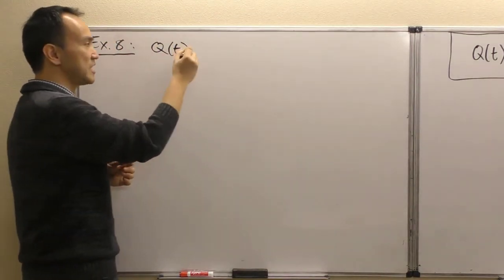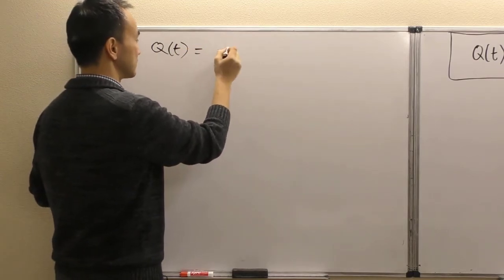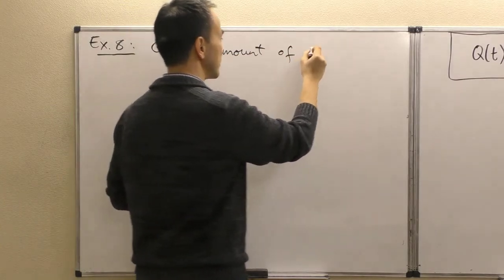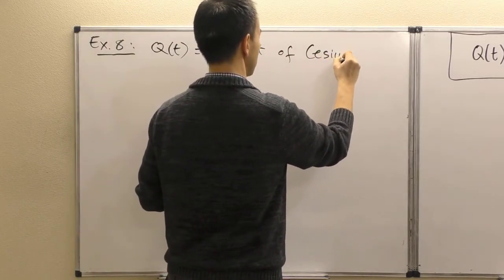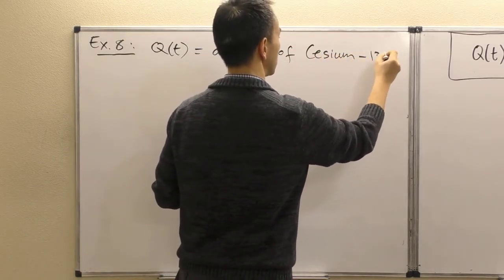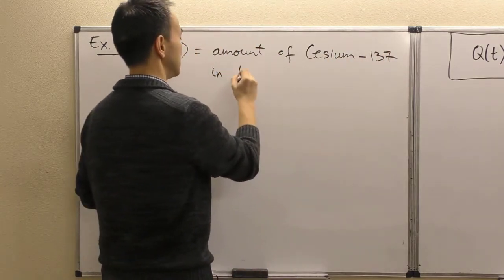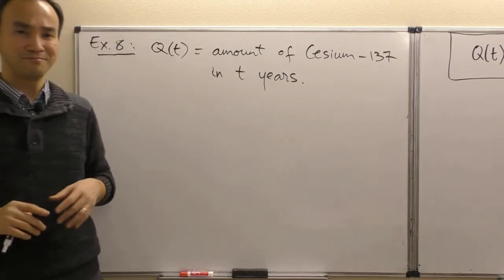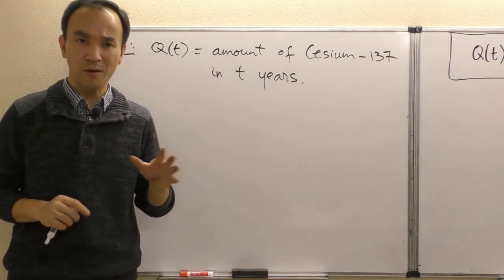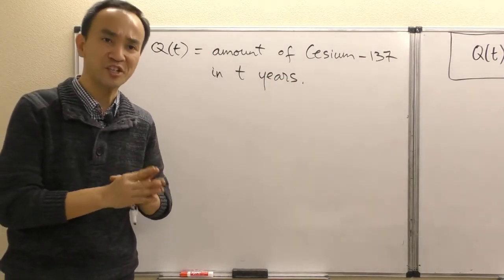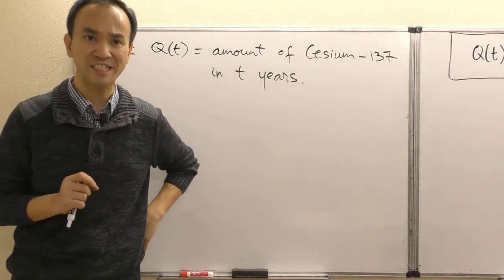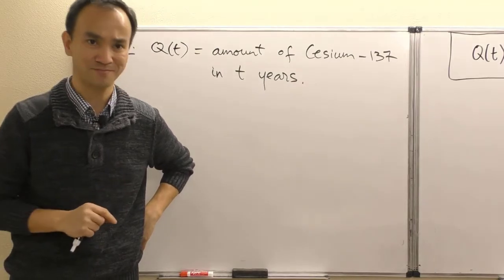Let Q of t be the amount of cesium-137 in t years. And you see the wording of this problem. What makes this problem even more challenging than the earlier two is that we don't even know if it's a decay problem or a growth problem.